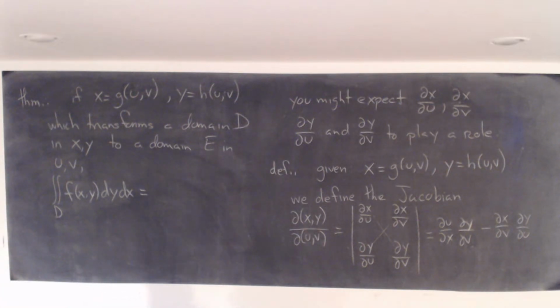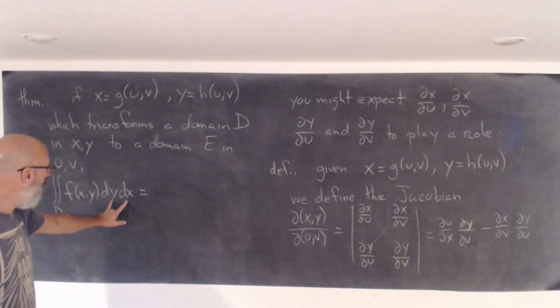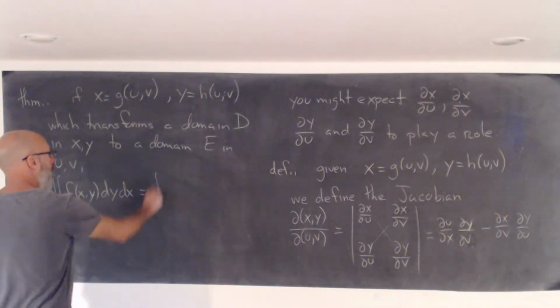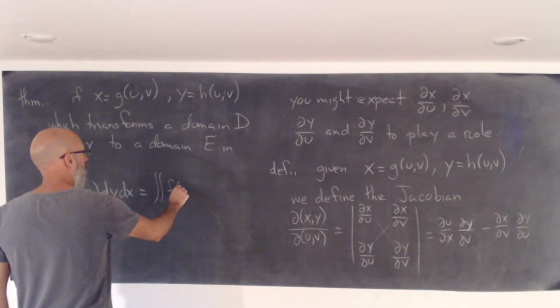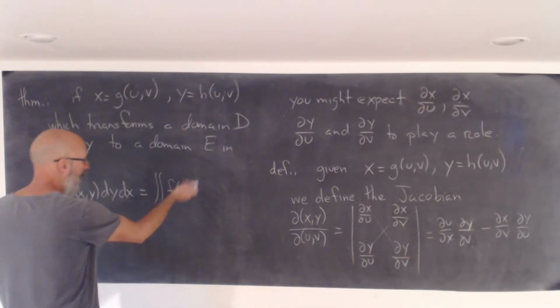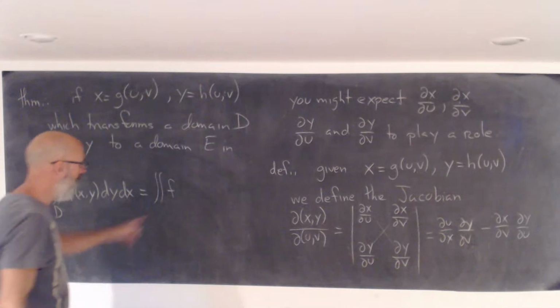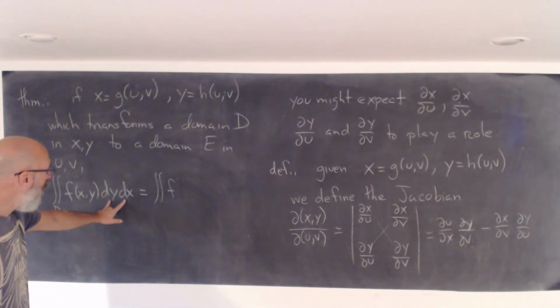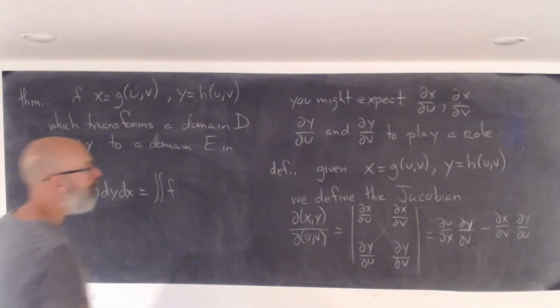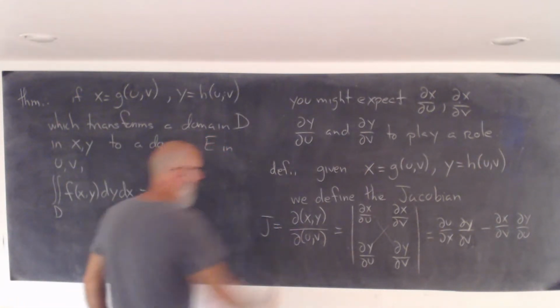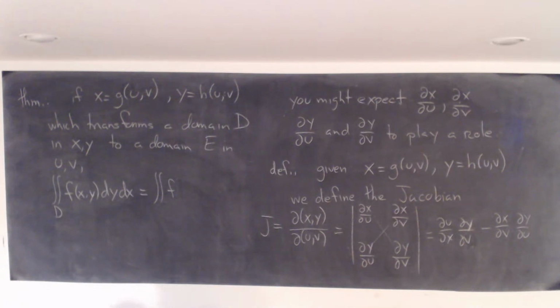So if you decide to make a transformation, a UV substitution, if you will, then F in terms of UV, let's say, let me not write anything here, and then this dy dx, so let me call this J as in Jacobian.